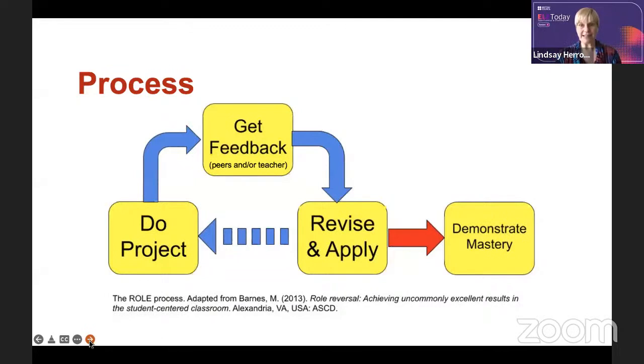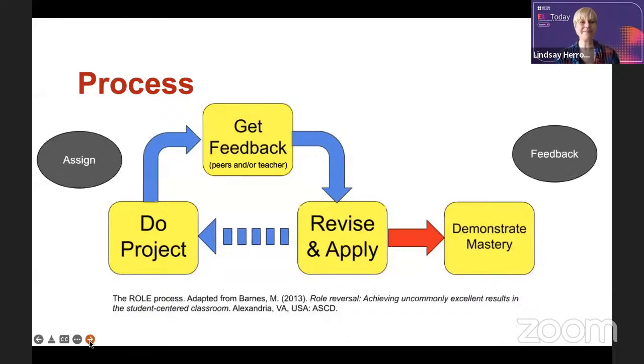Then students revise and apply the feedback and maybe get feedback again, revise and apply, get feedback again, revise and apply. And as they revise each time, they're applying what they should have already learned. They're discovering where their weaknesses are. So they revise to improve their weaknesses. And then finally, they're able to demonstrate mastery through their project.